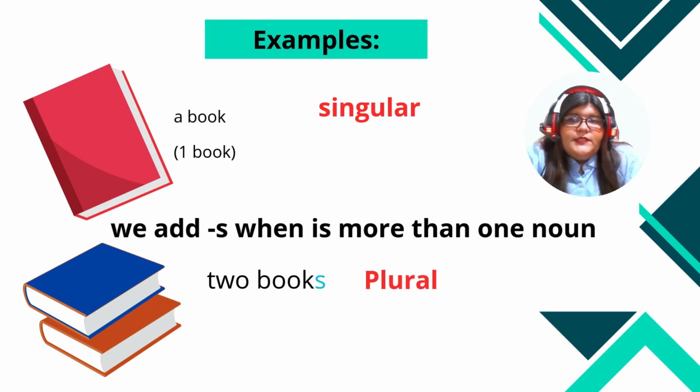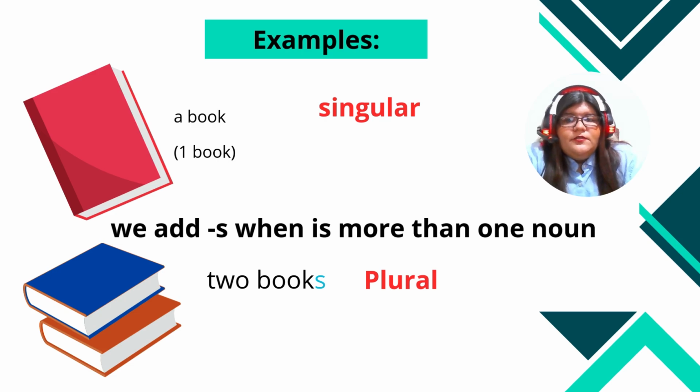For example, if you want to know if a noun is singular, it's when it's one thing. For example, one cell phone, one book, in this case, a book. How many books? One. One book, right? And plural is when we have more than one object.